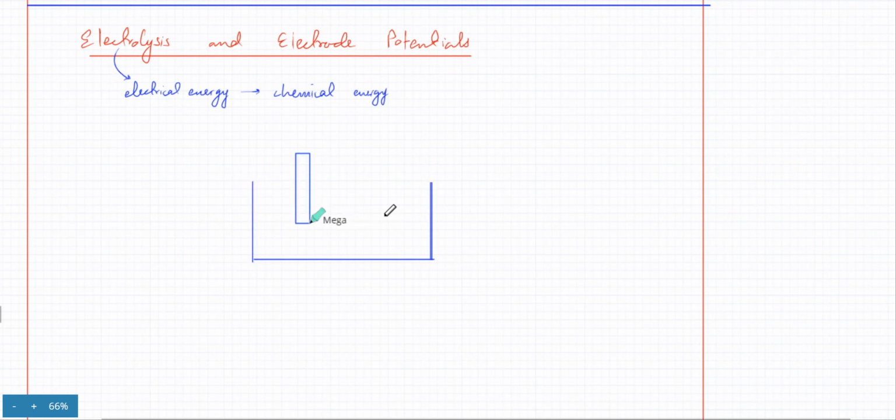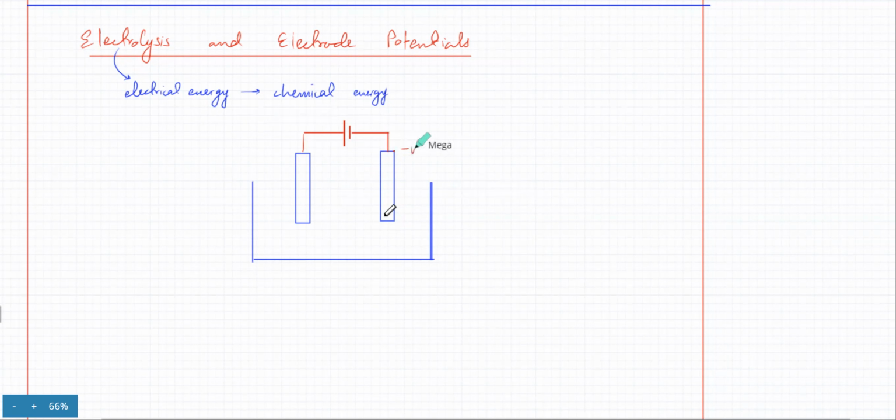One is known as the cathode, the other one is known as the anode. So here are two electrodes, and these two electrodes would be connected to each other through a battery. So this is your battery, and there's a positive side and a negative side.